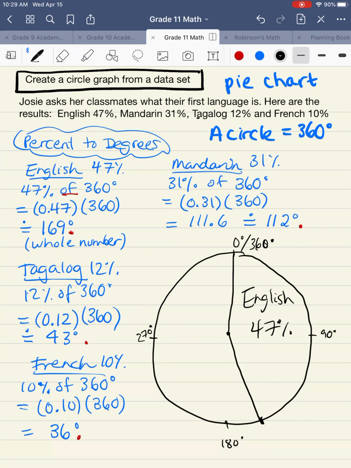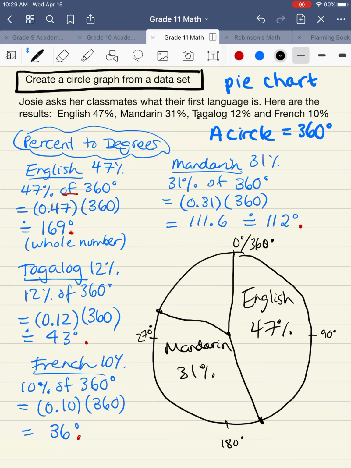So we're going to go all the way from 180 to just a little bit above 270 right there. Oops, pardon my wobbly line. Okay, this is Mandarin at 31%. And then we have Tagalog that's at 43 and French that's at 36.